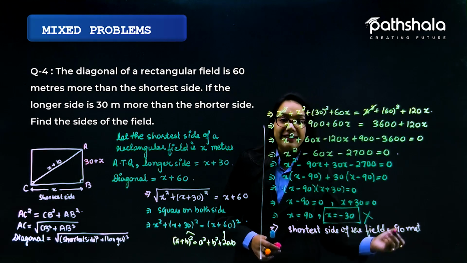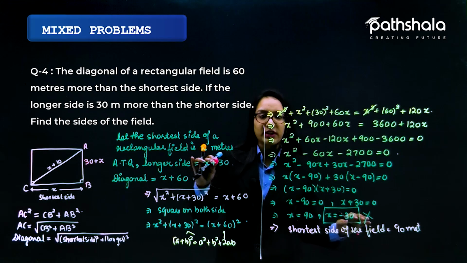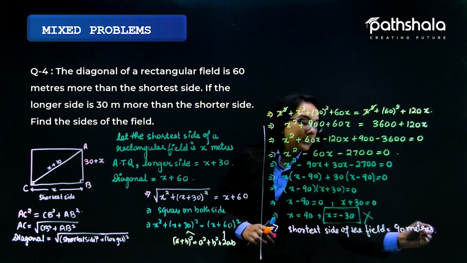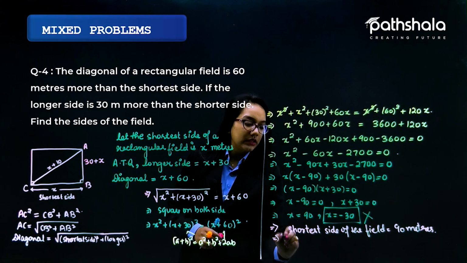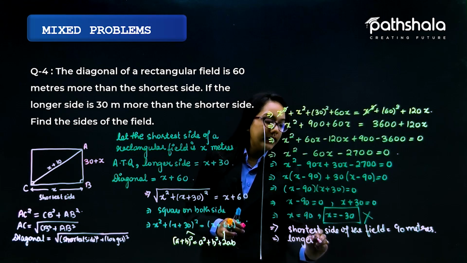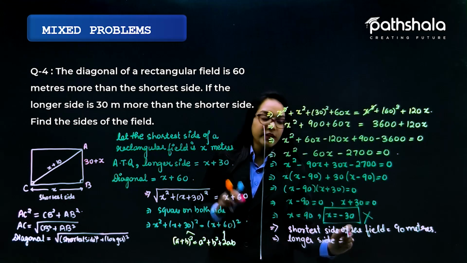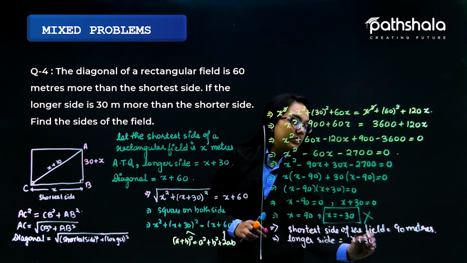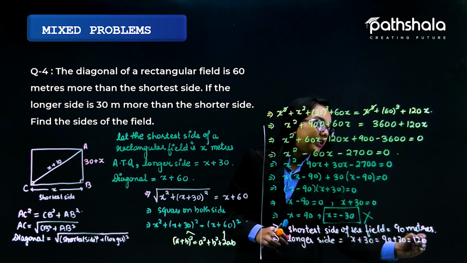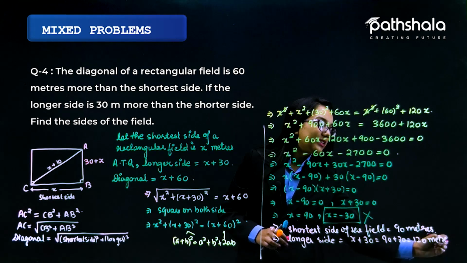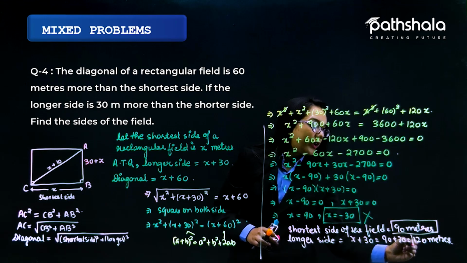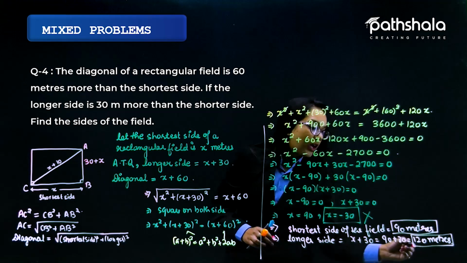As you can see, we have the shortest side as x meters, so this would be 90 meters, and it implies the longer side was actually x plus 30. So this is nothing but 90 plus 30, which is 120 meters. So this is nothing but our answer, that 90 meters and 120 meters is our answer.